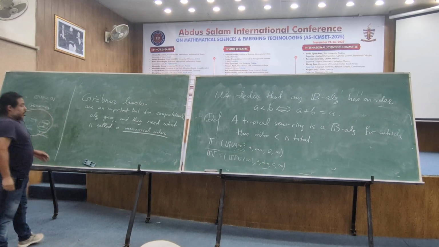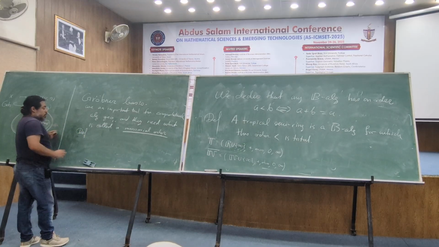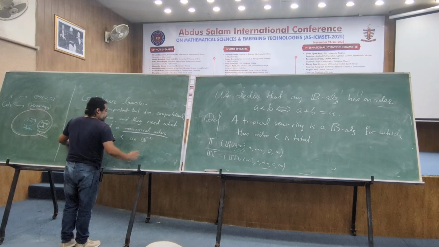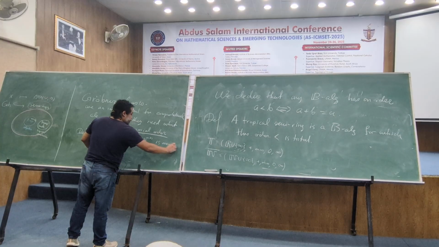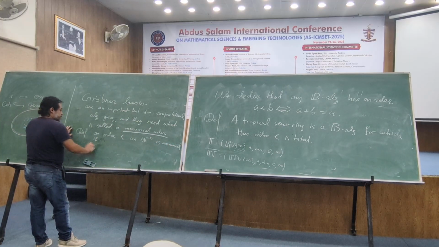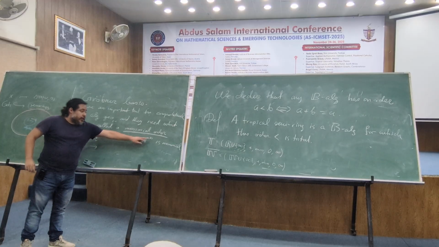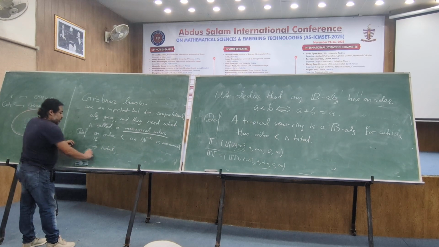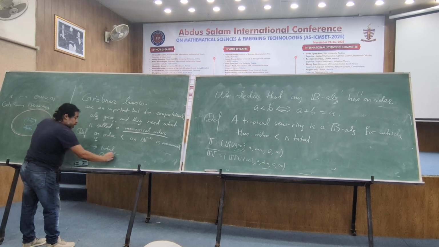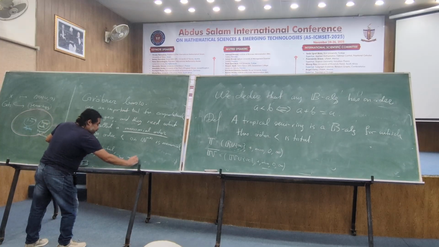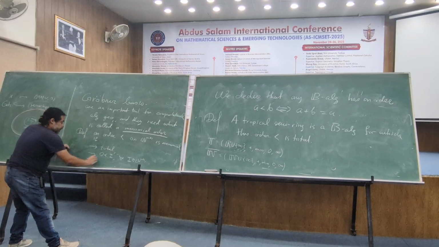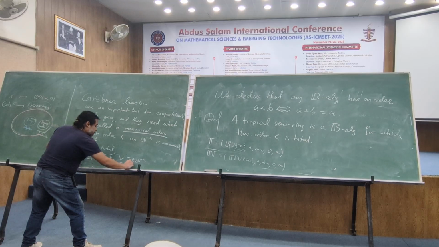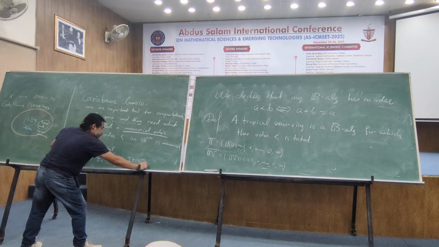And monomial orders are orders on N to the n that satisfy that they are total orders, 0 is smaller than any I here, and if I is smaller than J, then I plus K is smaller than J plus K for all K.